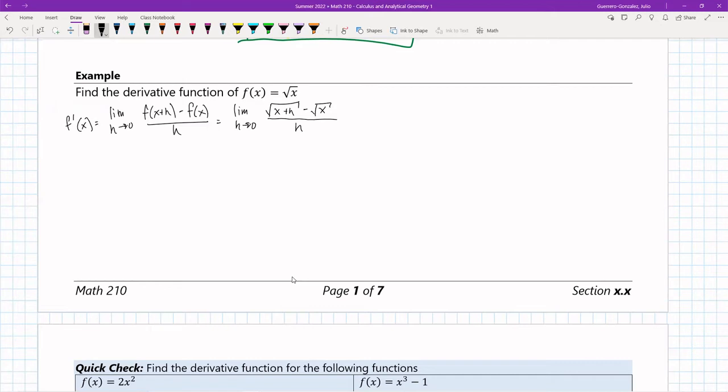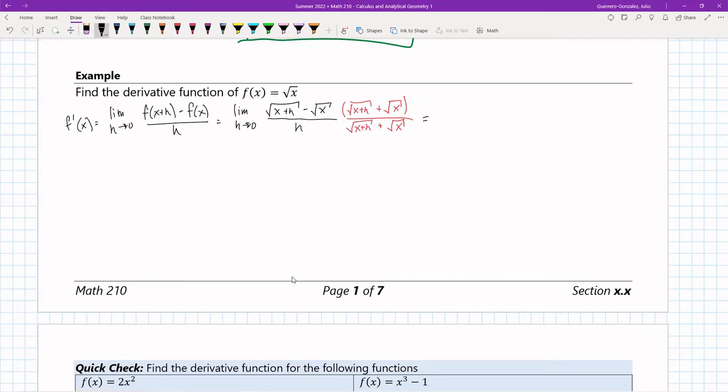And the way we do that is something that you guys have already seen. I made you do it in chapter 2. I'm going to multiply the top and the bottom by the conjugate of the top. So it's going to be the square root of x plus h plus the square root of x. And I'm going to do the same thing on the bottom: the square root of x plus h plus the square root of x. Okay?